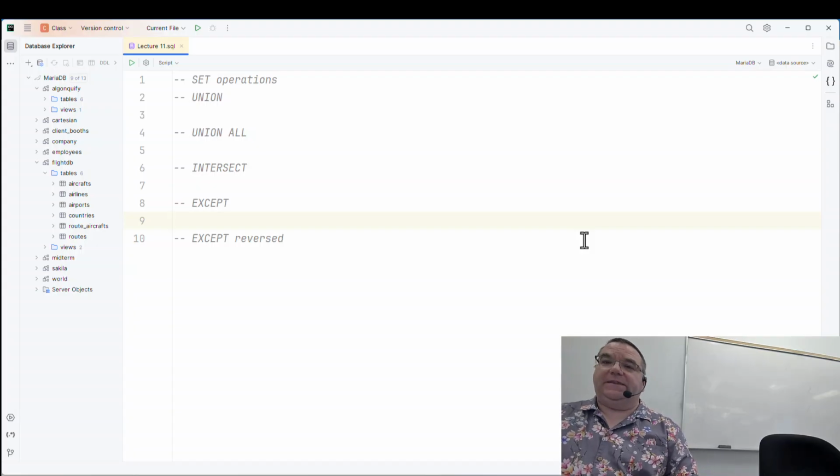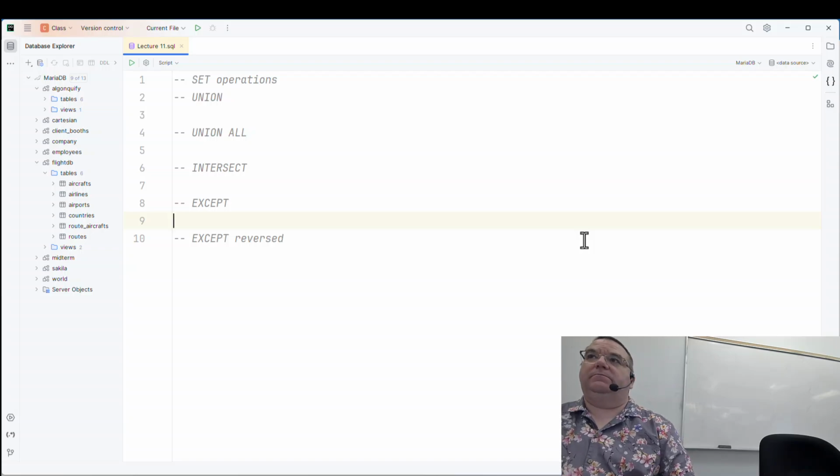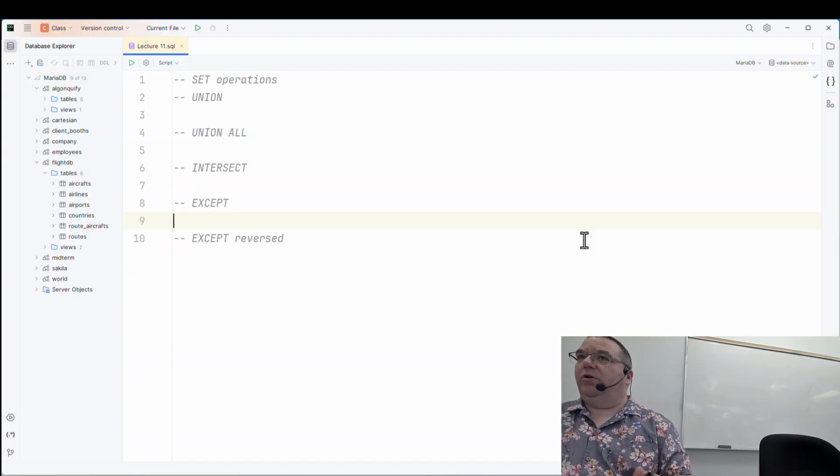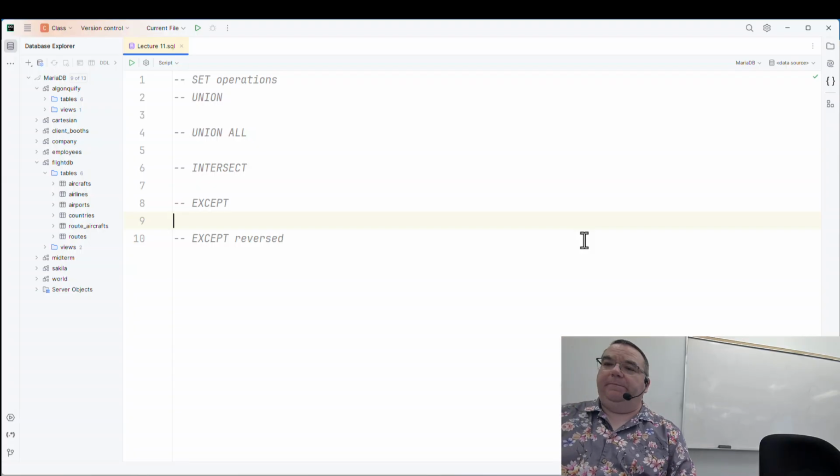Okay. So, set theory, which is actually one of the foundational things of database, even though it really isn't taught that much, is the concept of taking two similar data sets and figuring out the overlap and or not overlap between them.